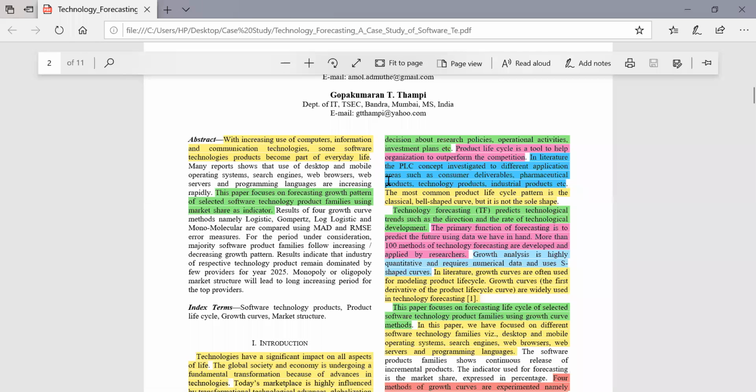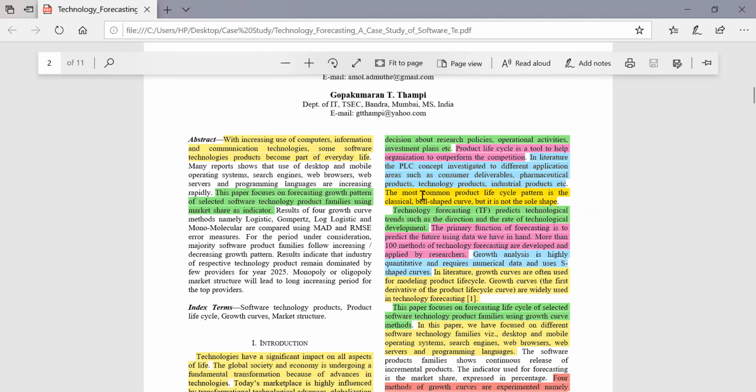No, there are n number of products which are consumed by the consumers. It could be medicines, some latest technologies, some industrial products, some electronic products, whatever. And hence a big literature survey based on the product life cycle concept has been investigated throughout. So these are all the sectors in which they have investigated.